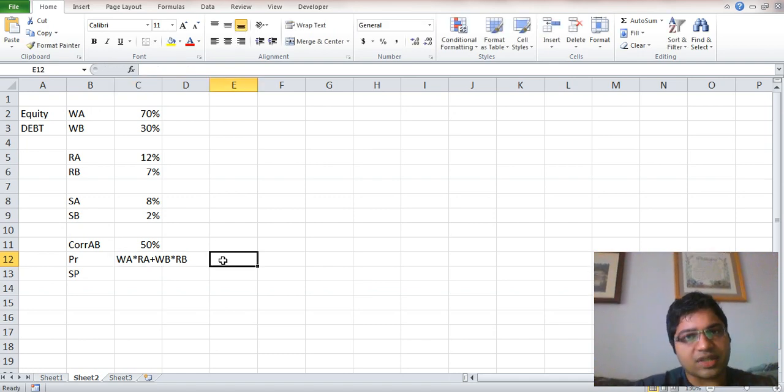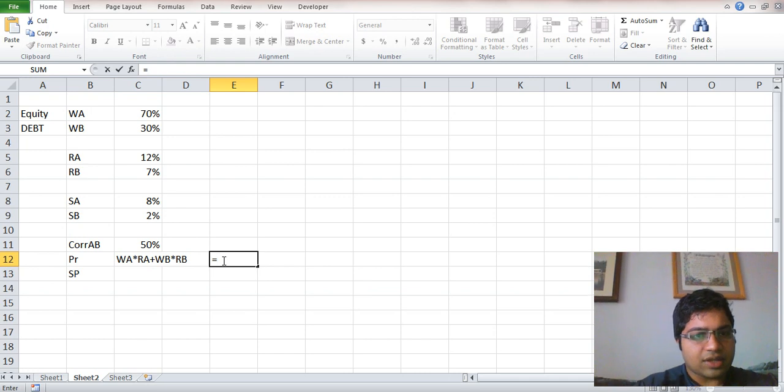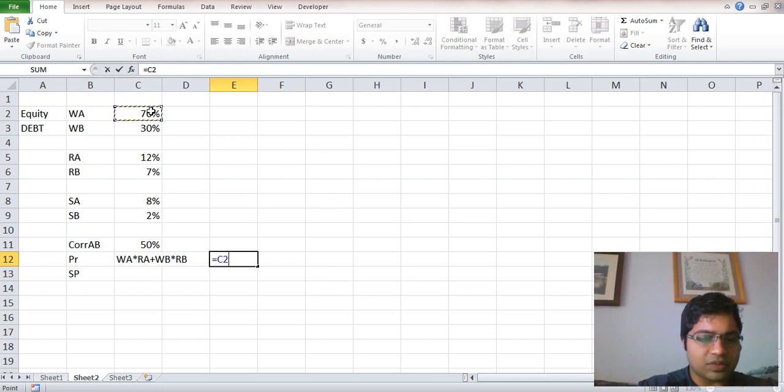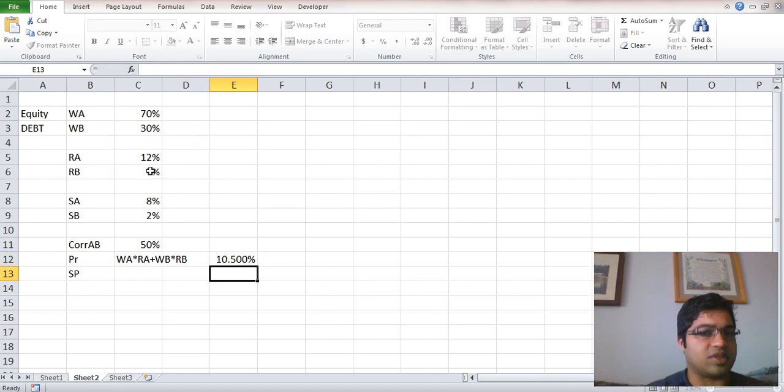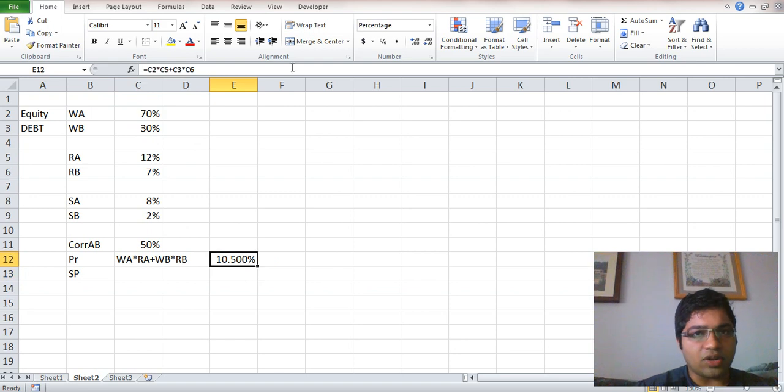So it will be simply 70% multiplied by RA, that is 12%, plus 30% multiplied by RB, that is 7%. So your portfolio return would be 10.5%.